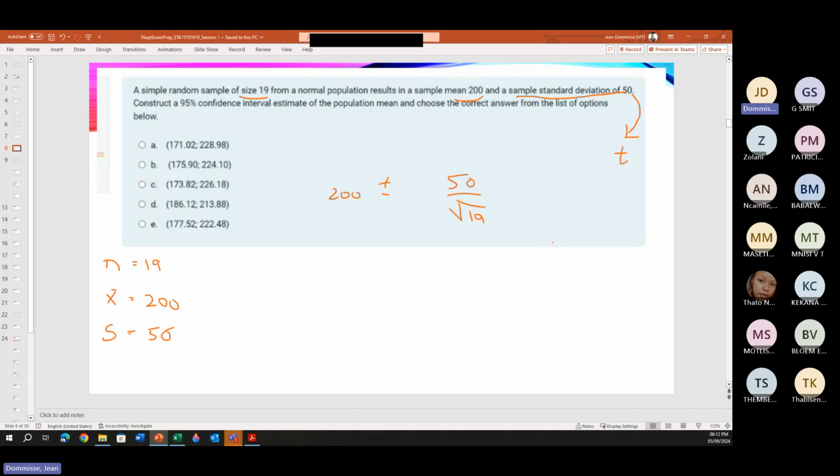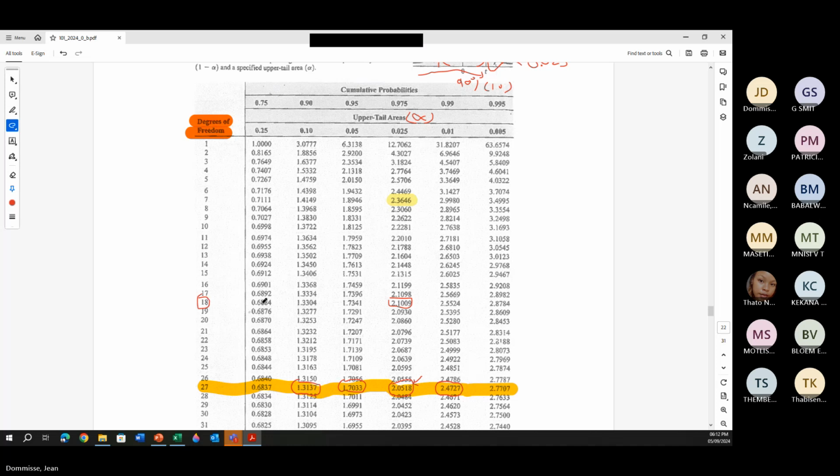Okay, so what is the T? Degrees of freedom is 19 minus 1, so we're doing 18. Alpha is 0.05 divided by 2, so that is 0.025. So 18, 0.025, 2.1009.